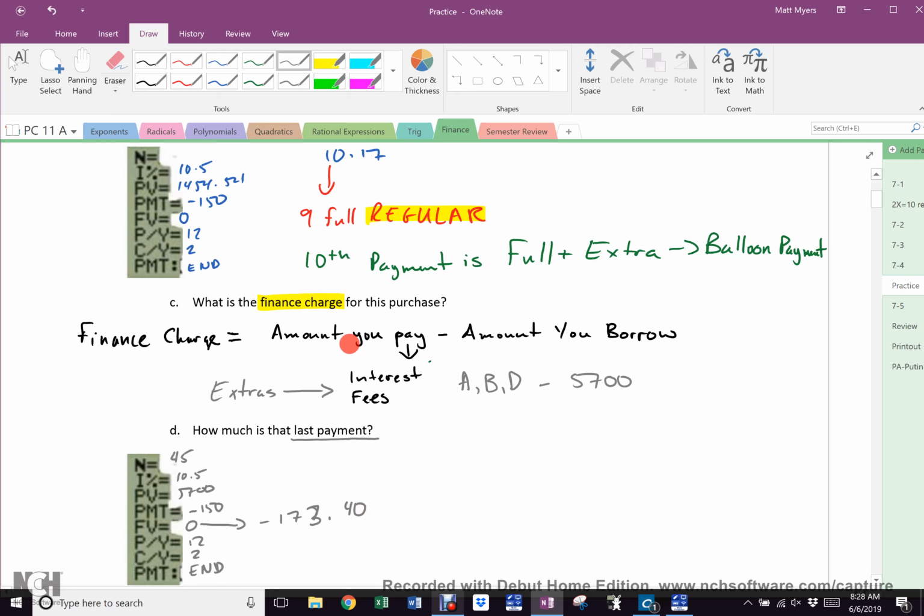Now, you guys tell me what the finance charge was. You got to figure that out for yourself.